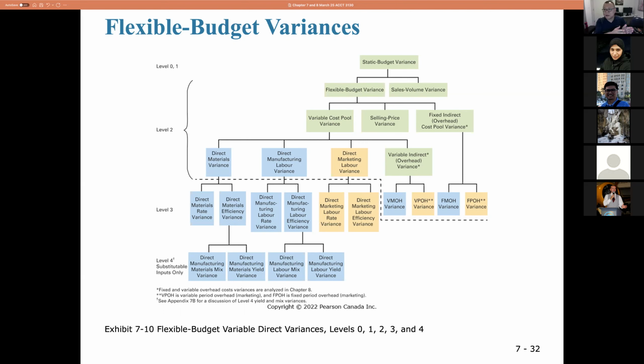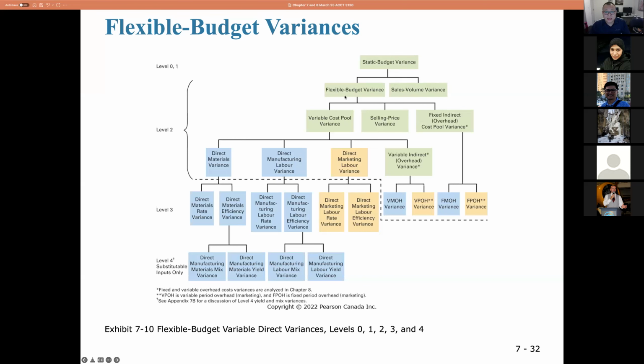It reflects the actual output, the actual sales. This static budget variance is broken into flexible budget variance and sales volume variance. This will be very clear once I show you the example in the video.